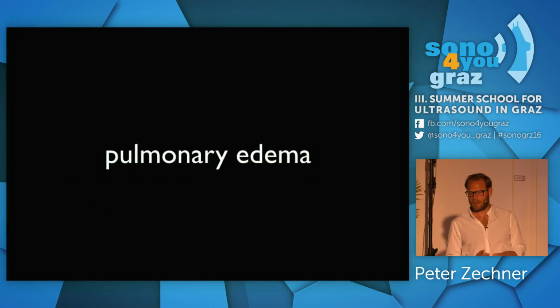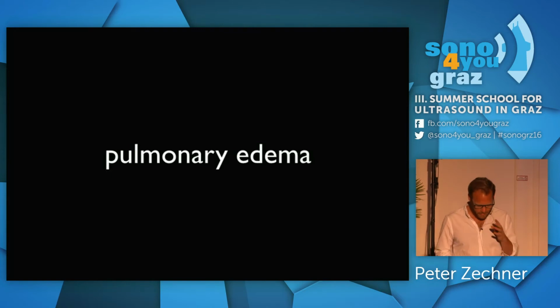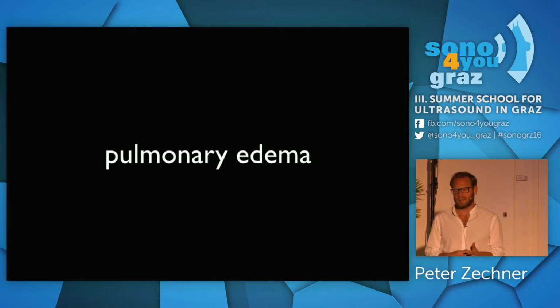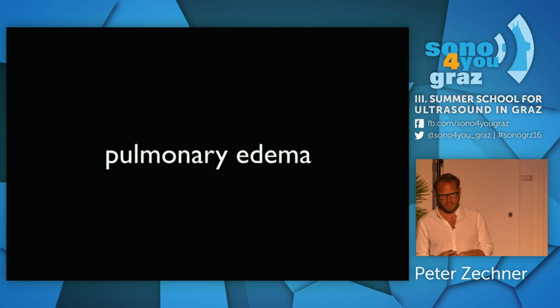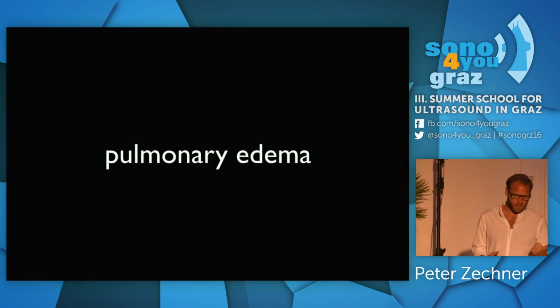Oh. Okay. Then let's get to pulmonary edema. Colleague Schindler already told you that it's often very difficult to differentiate between pulmonary edema and exacerbation of COPD, because these patients often present very similarly, with wheezing on auscultation.